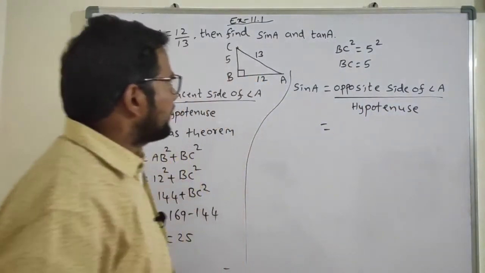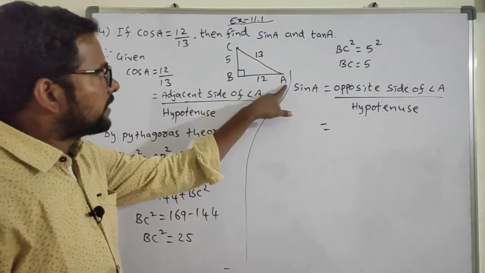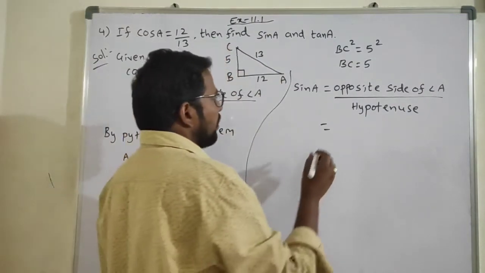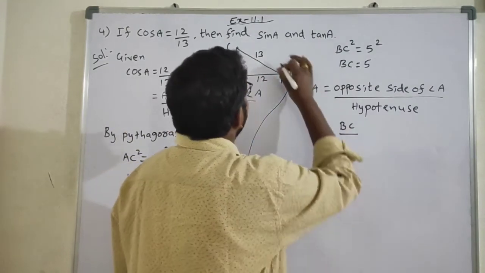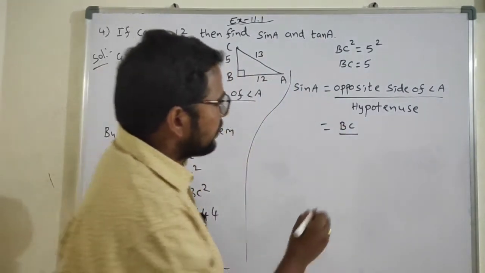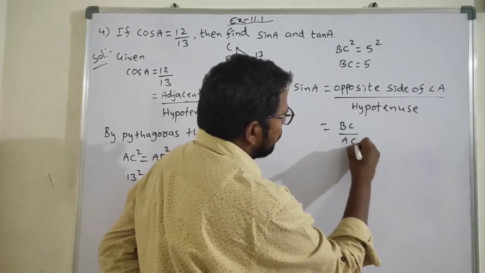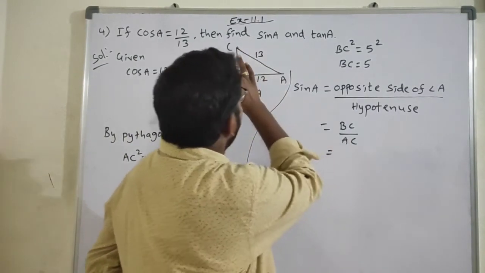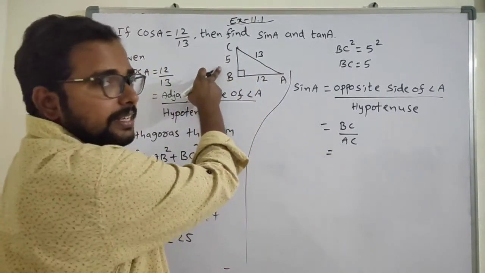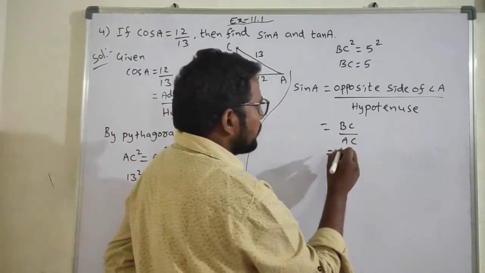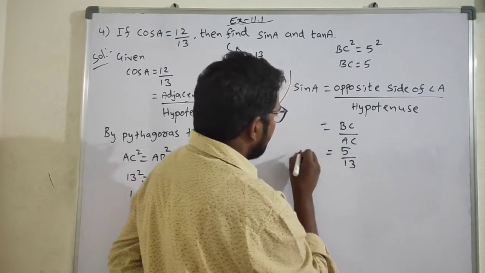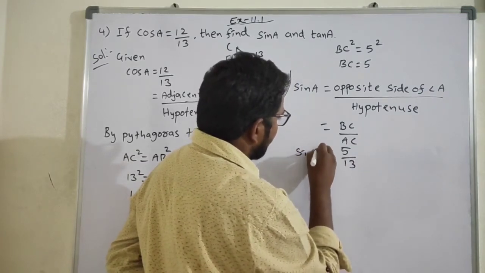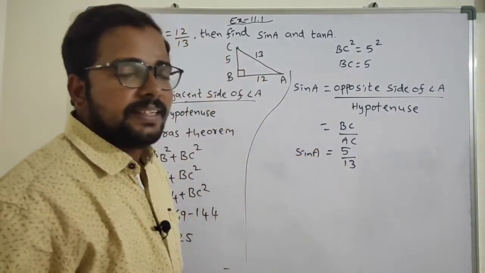BC is the opposite side of angle A. Hypotenuse is AC. So BC by AC, where BC is 5 and AC is 13. So sin A is equal to 5 by 13.